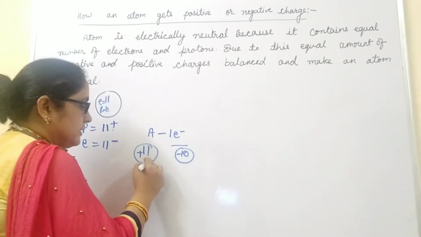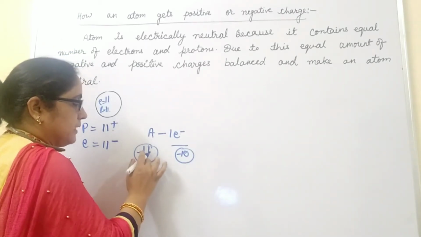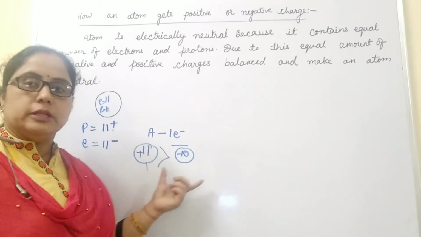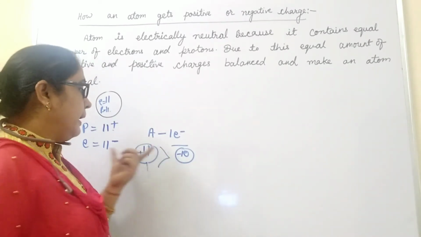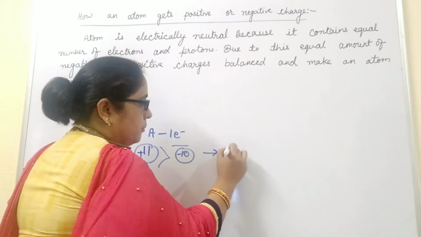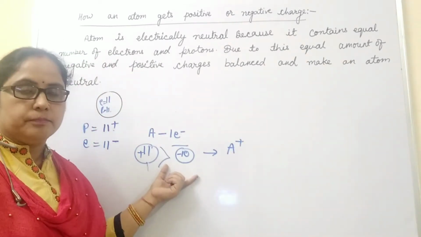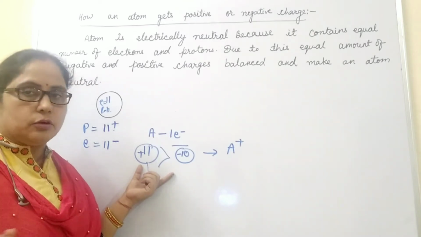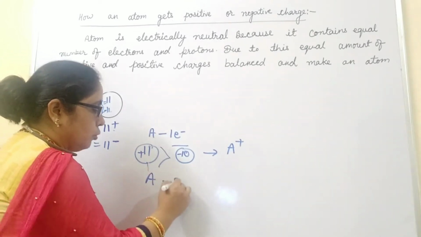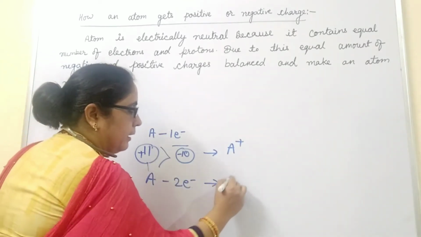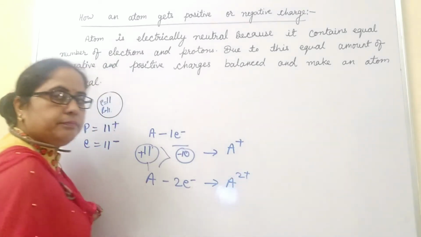Now you can see the amount of positive charge is more as compared to the negative charge. That's why an atom gets positively charged by losing one electron. If an atom loses two electrons, then it carries two positive charges.